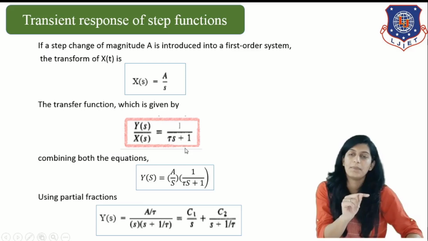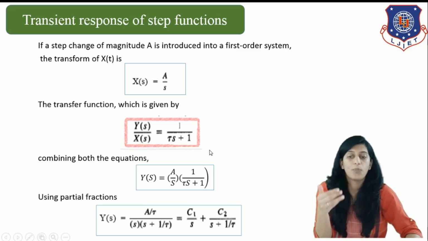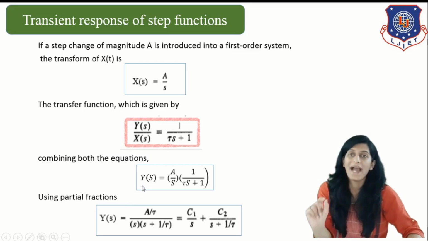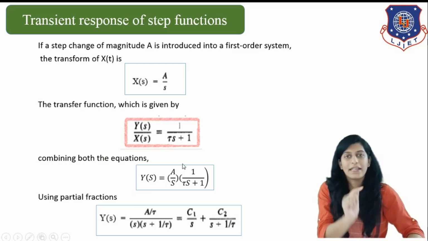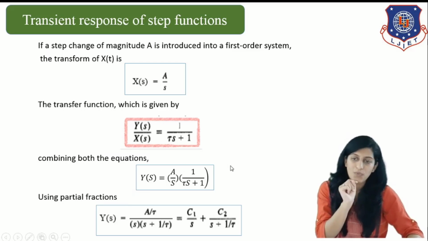Shifting the term to the opposite side, we can rewrite this equation as y of s equals A by s into 1 upon tau s plus 1.